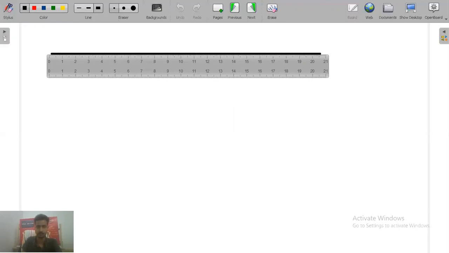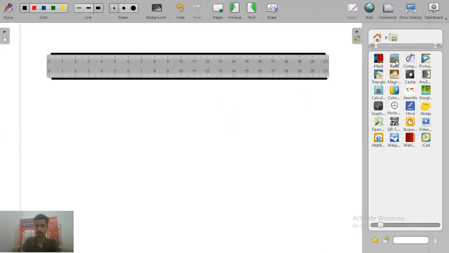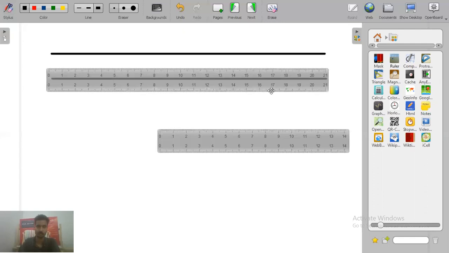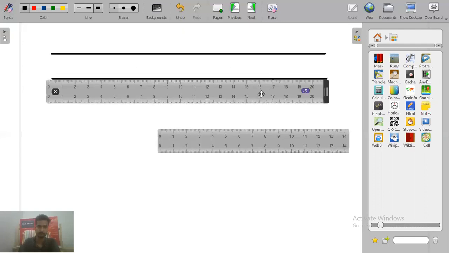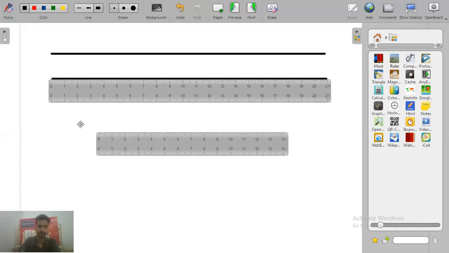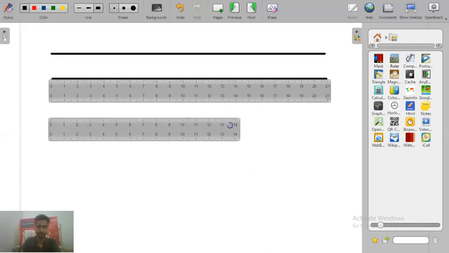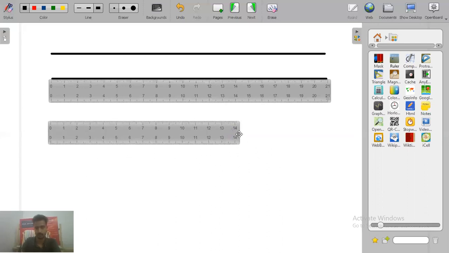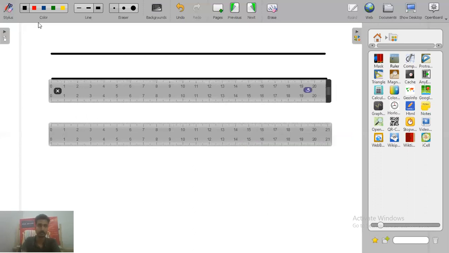Let me draw one again, because we have to plot one. So I am drawing the number line first.